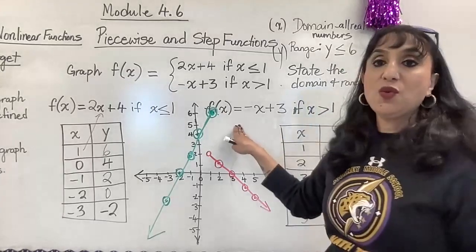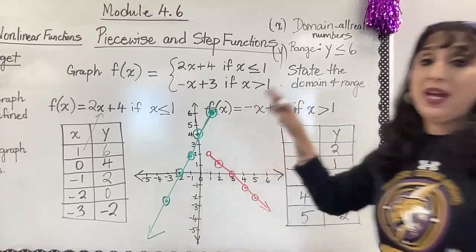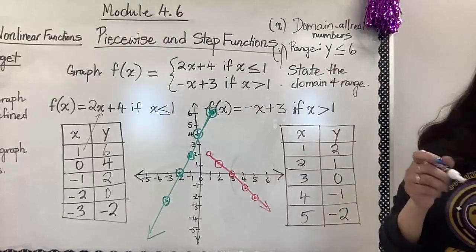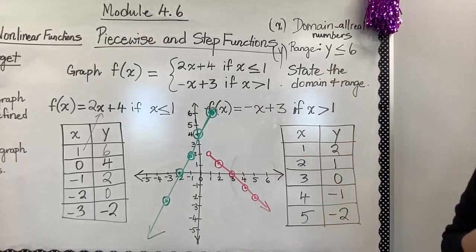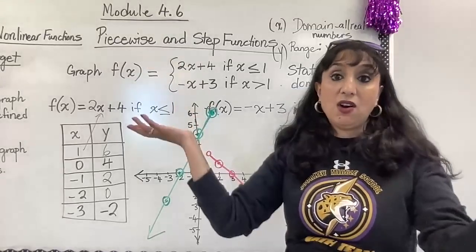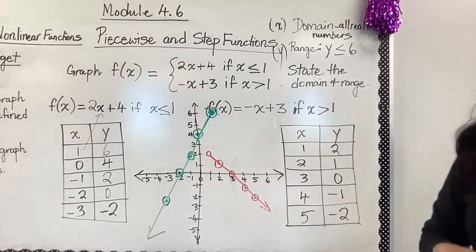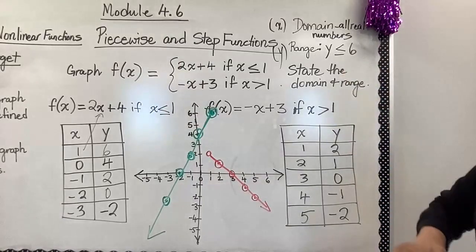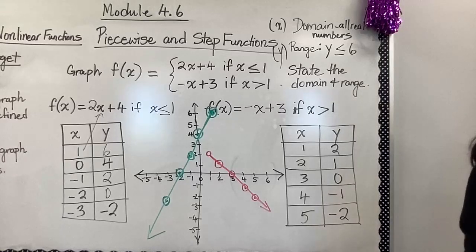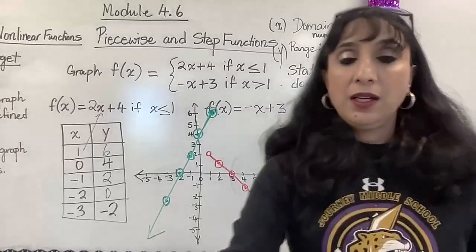Normally the domain is all real numbers, and the range depends on the highest point, or we could also have a graph going the other way and then talk about what the range is. But this is what a piecewise defined function is.